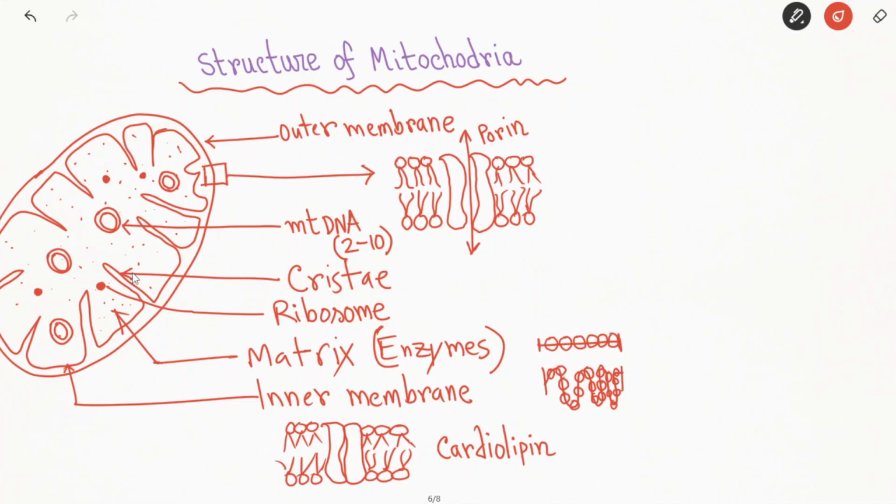Oh, another important thing I forgot to mention: in the inner membrane there are some small tennis racket-like structures. They are called oxysome. You will find a lot of this kind of small structures.